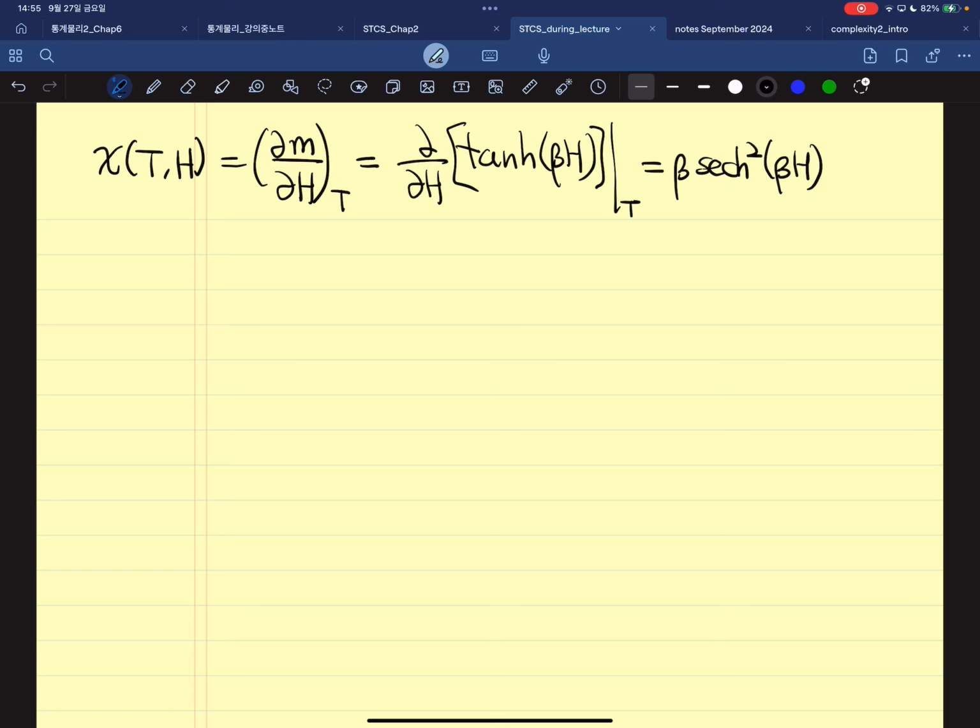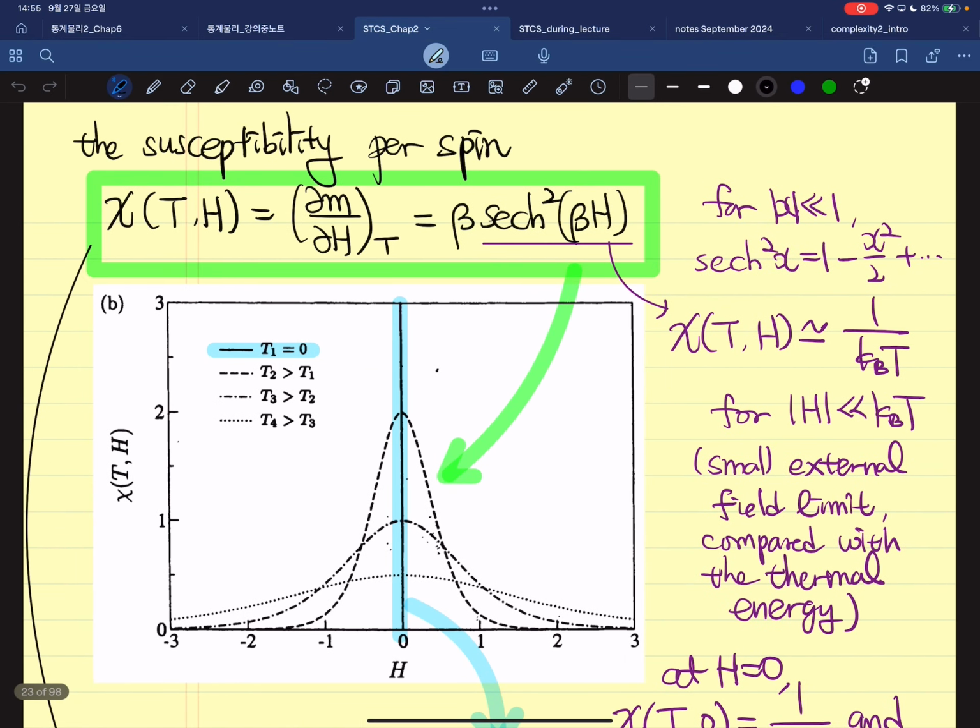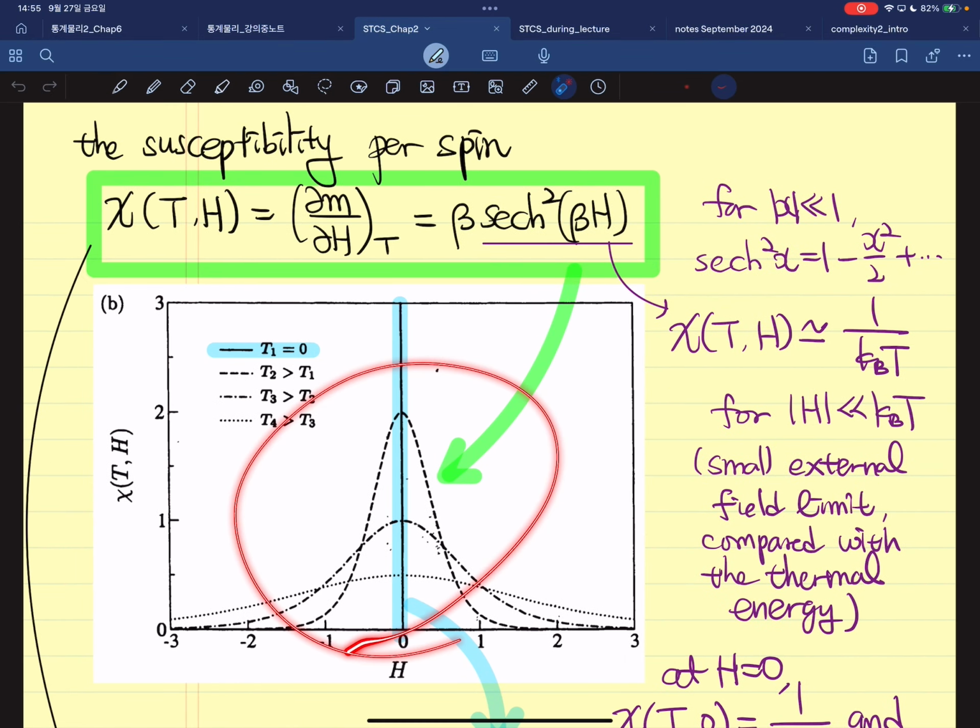And the functional form of this looks like this. You can take some Taylor series expansion to see the approximated behavior for a low temperature limit or high temperature limit.